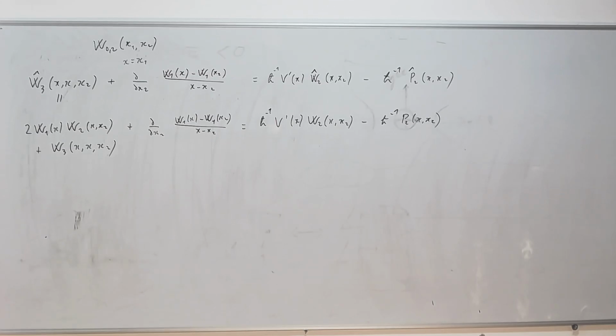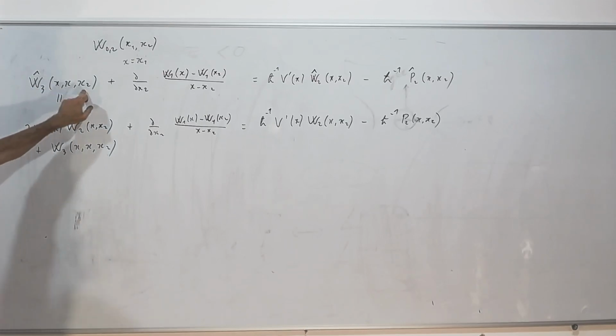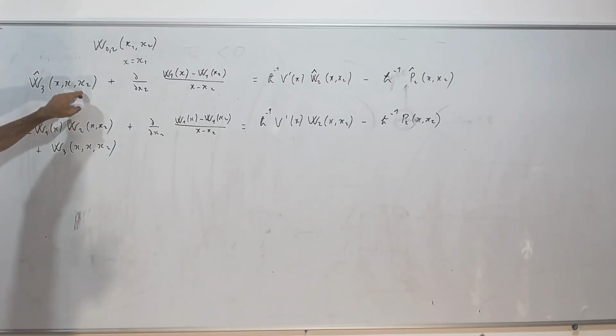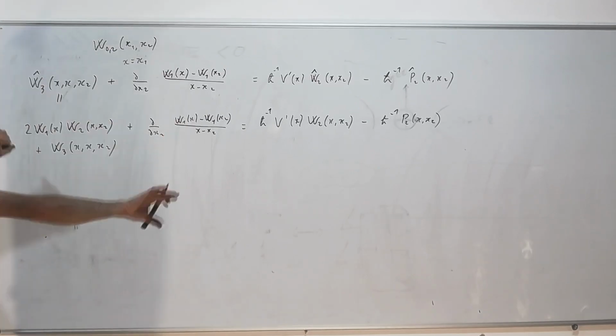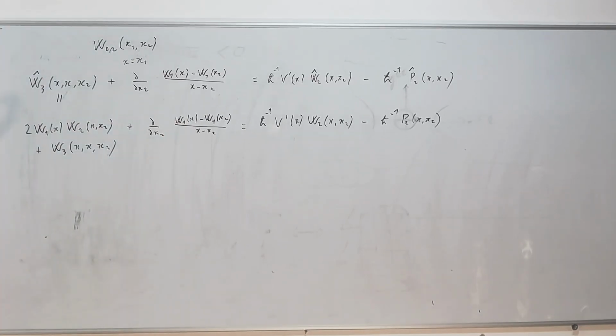This is an exercise, to go from the hat to non-hats. Okay, you see that W3 hat will also contain something like W1 of x times W1 of x2. But somehow it completely decouples x and x2.